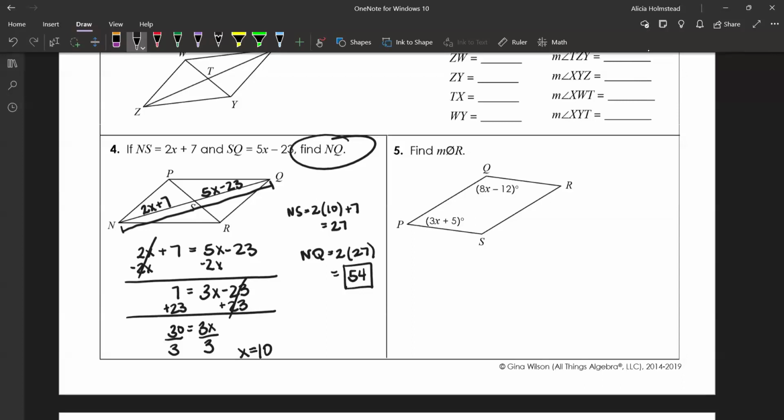All right, number 5. Mine didn't load very well here, but it's just supposed to be an angle symbol there. It says find the measure of angle R. Okay, we want that guy.